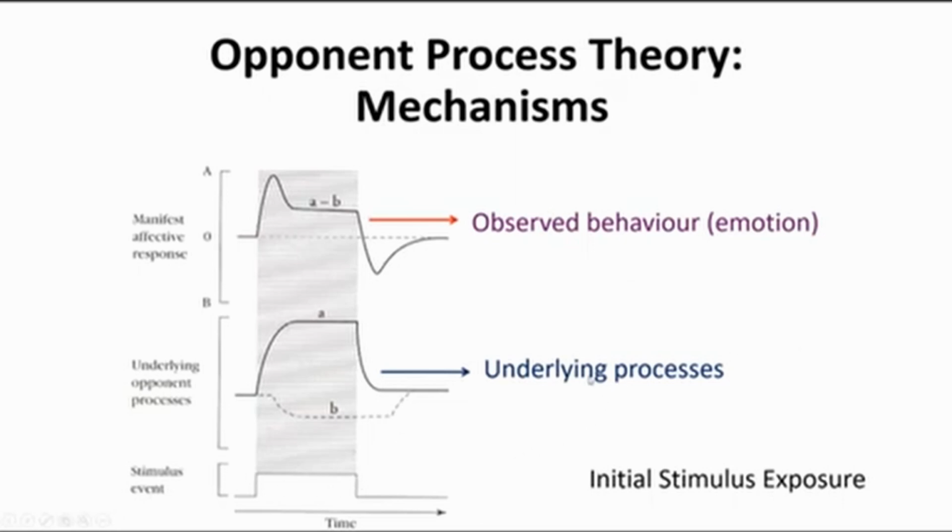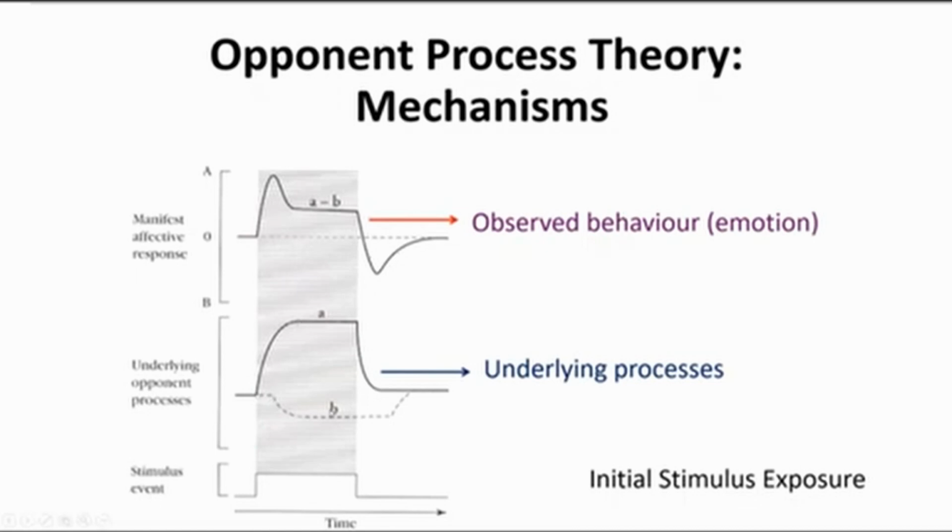And then we want to look at our underlying processes. So our A process, that primary process, is going to start at the onset of our stimulus. So A starts and it's going to cause an increase in some kind of emotional state. This increase is triggered by the start of this stimulus, and that's going to go up.